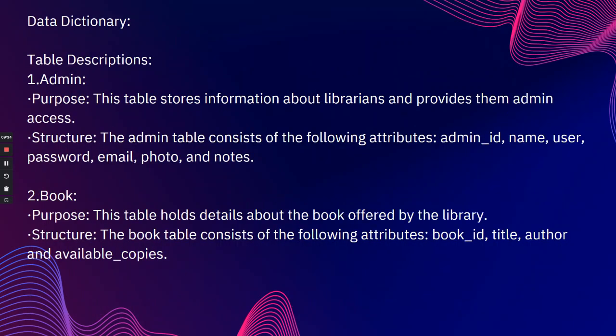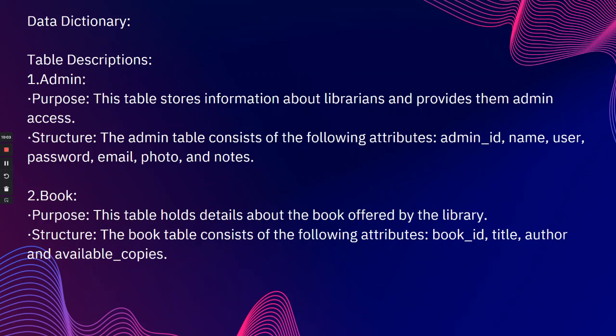Data dictionary. Table descriptions. For admin, this table stores information about librarians and provides them admin access. The admin table consists of the following attributes: admin ID, name, user, password, email, photo, and notes.